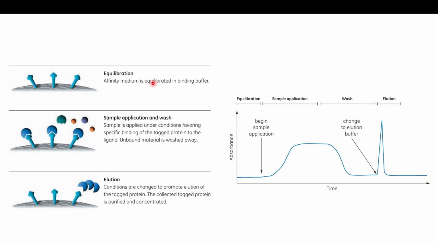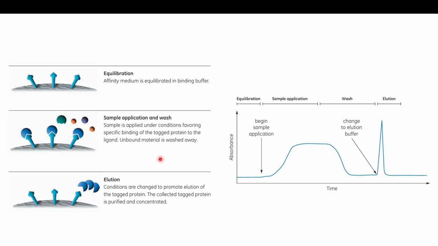Okay. So it's the same thing as earlier, like what we looked at for hydrophobic interaction chromatography and ion exchange chromatography. You have to equilibrate the resin matrix. So the affinity medium is equilibrated in binding buffer, and then you load your sample. The sample is applied under conditions which favor the specific binding of the tagged protein to the ligand, and unbound material is washed away.